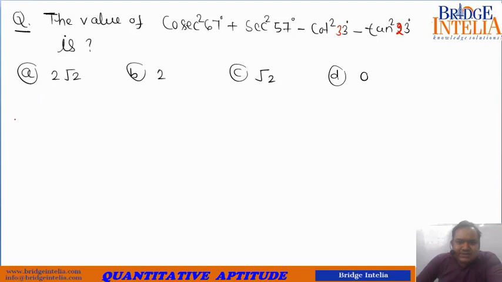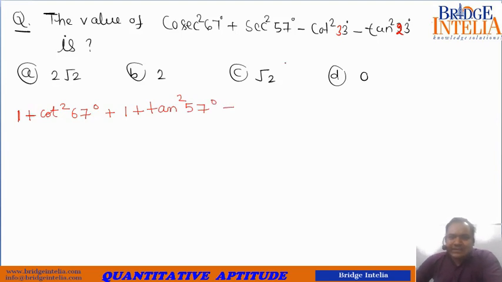So cosec square can be written as 1 plus, what can we write? Cot square 67. Similarly, you have to break this term, sec square 57. So sec square 57 can be written as 1 plus tan square 57.